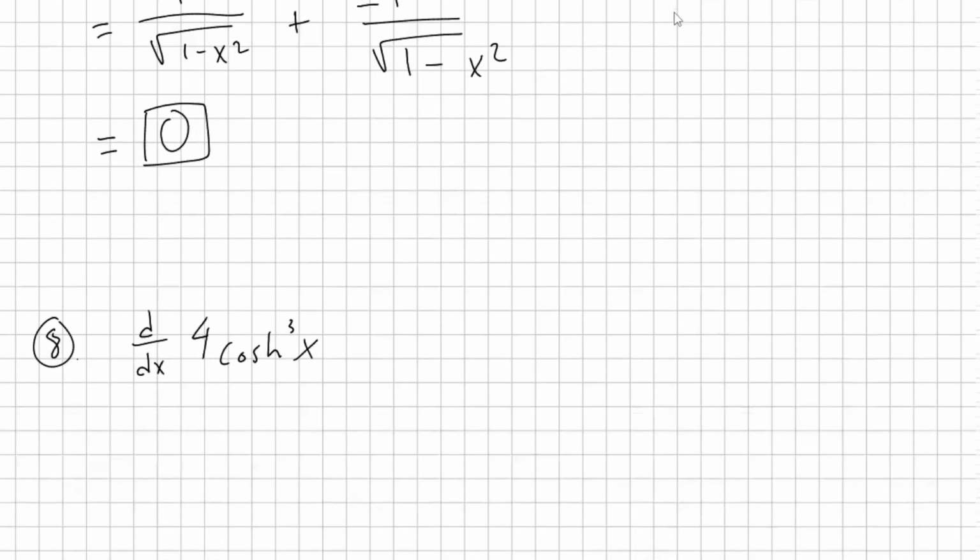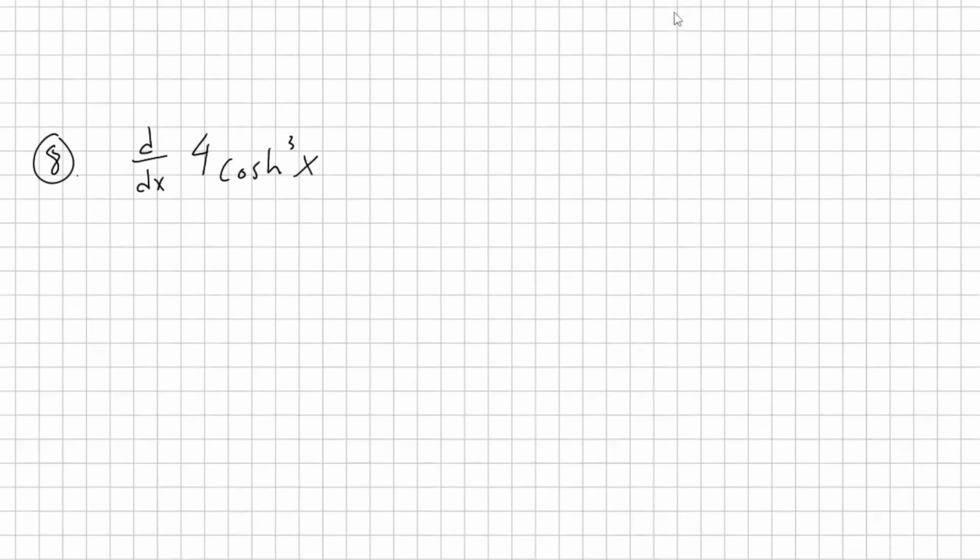All right, so now let's move on to our 8th question, which is the derivative of 4 cosh cubed x. So how can we solve this one? What I would want to do here is set my u equal to cosh x. I think that's a good u. And in this case, my y is going to be equal to 4u cubed.